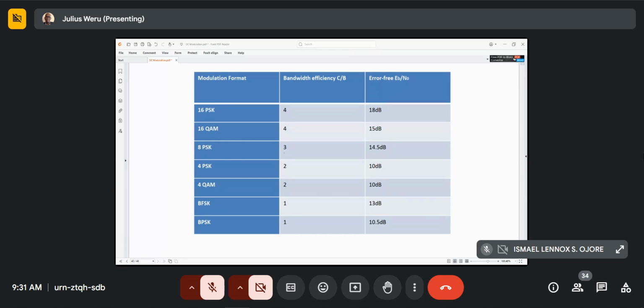PSK for 8PSK is 3 bits, and for BPSK is 2 bits, for QAM is 2 bits. But when it comes to error-free Eb/N0, remember we are talking about this ratio.